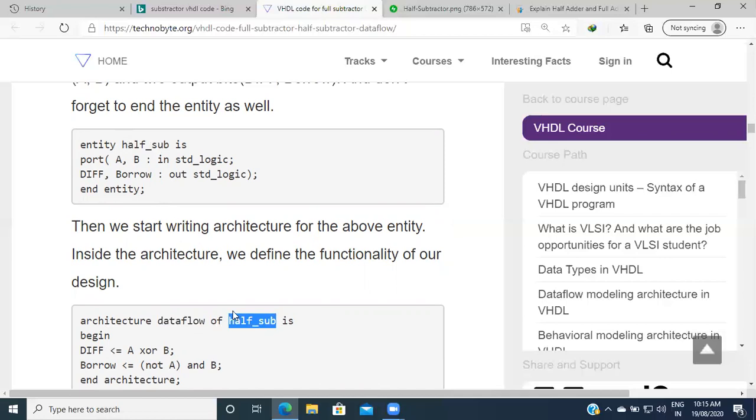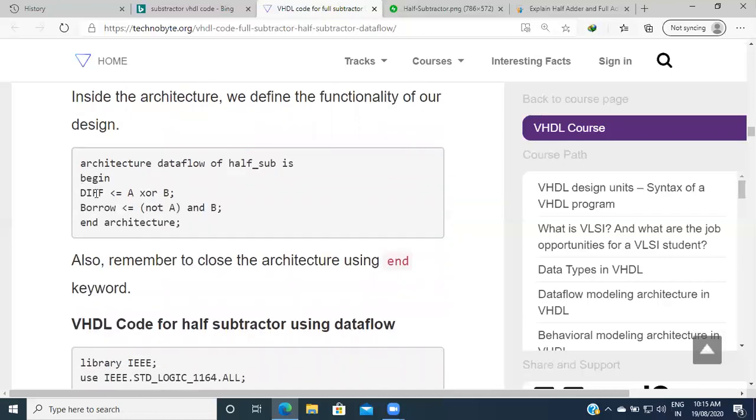So how that entity works is begin DIFF or difference. Difference is nothing but A XOR B. Difference is A XOR B, and borrow is not A and B. Not A and B. So here how the difference is present, in that XOR operation, if both values are similar, if both the values are same, the output of that XOR gate, remember that in that XOR gate, when both values are same, the output is high.